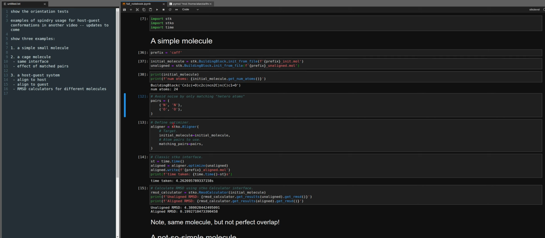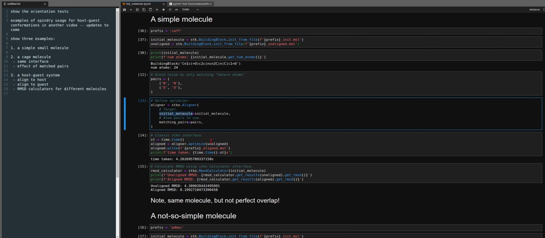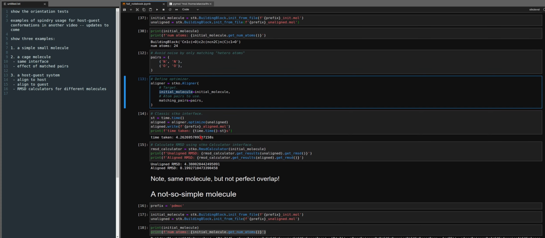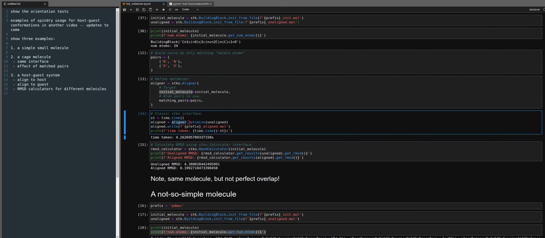We define the optimizer in standard stko fashion. We have some initial arguments. So the initial molecule is the target molecule. The matching pairs set defines the pairs used in the alignment potential. And then, as per all STK optimizers, we run the optimizer class.optimize on the unoptimized molecule or the unaligned molecule.